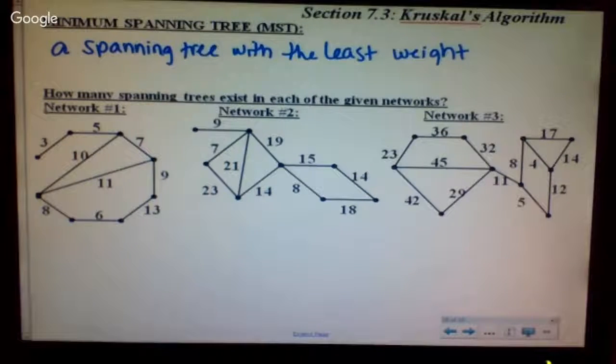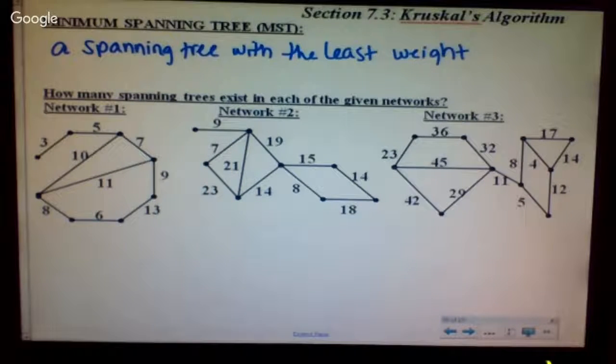Review of what we just did. In network 1, how many possible spanning trees do I have? Just like we did on the last page, I want to know how many possible spanning trees, where you told me how many edges each one had and found out your total possible.